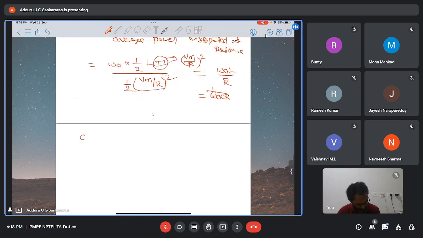So the Q factor is omega naught L by R, that is 1 by omega naught RC, and also this we can write in terms of omega naught, which we already got as 1 by root LC.